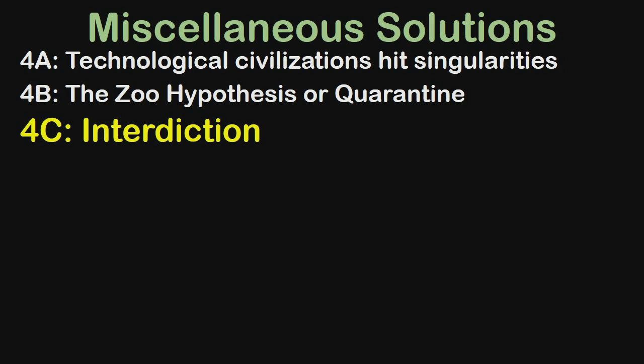4C, interdiction. This is a lot like the zoo or quarantine options, but a little bit more plausible. In interdiction, various alien empires exist and enforce a no-contact policy with primitive worlds because xenocide is frowned on, and they do not trust each other not to try to either exploit primitive civilizations or to turn them against each other to their side.